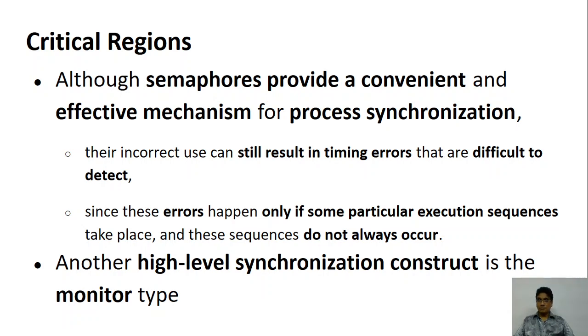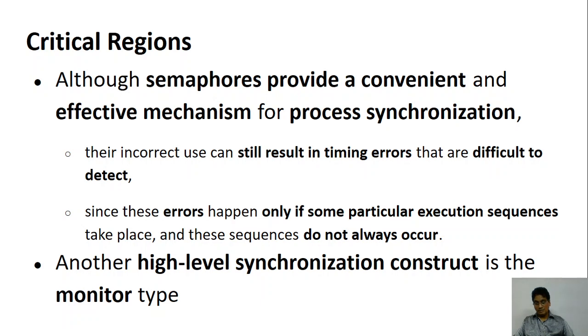Even though I won't show you the programming way how the problem occurs, just to summarize, whenever we use the semaphore for achieving synchronization, if you are not careful with calling the wait and signal methods, there will be some timing errors.